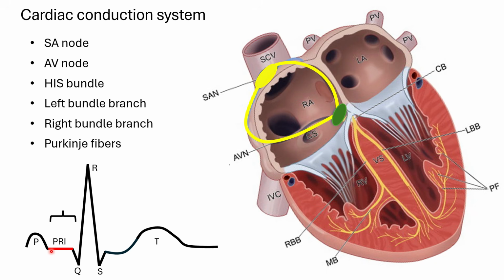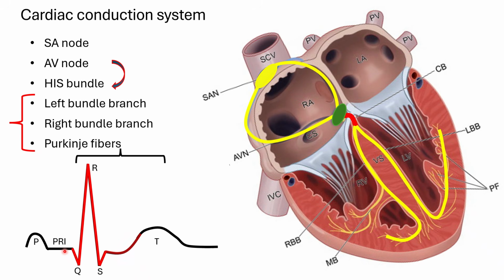So the physical contraction of the atria happens during this PR interval, and then after that pause or that delay of about 120 milliseconds, that impulse passes quickly through the bundle of His and the bundle branches here and throughout the Purkinje fibers, and that represents the rapid depolarization and contraction during the ST segment of the ventricles. Now, shortly after that, there is ventricular repolarization, and then the next cardiac cycle starts.